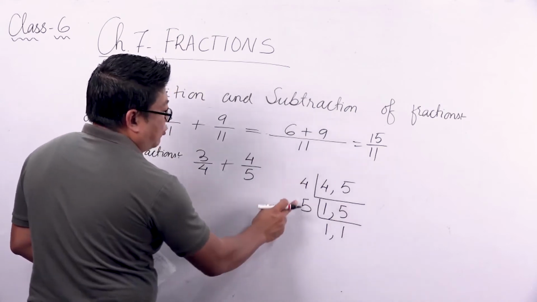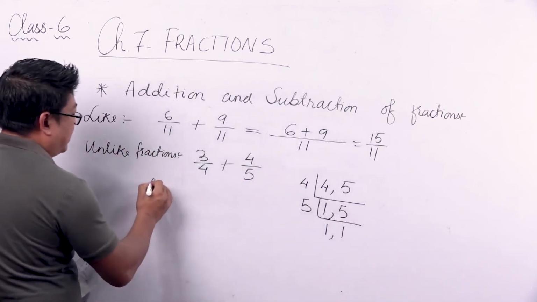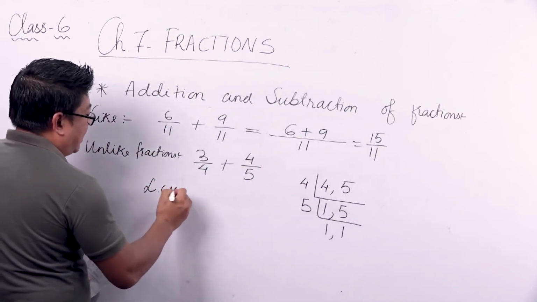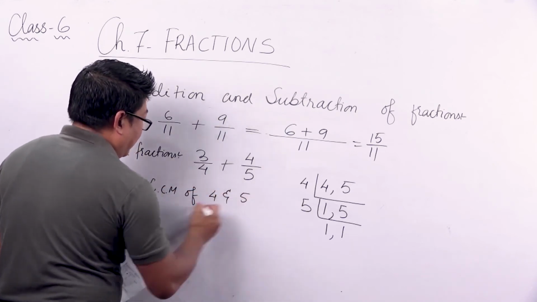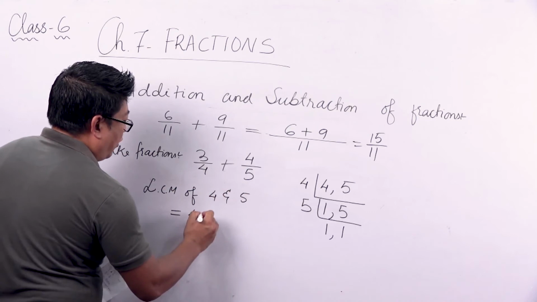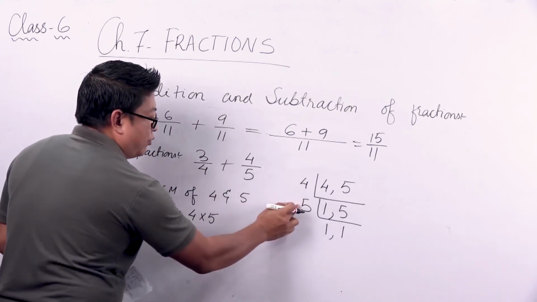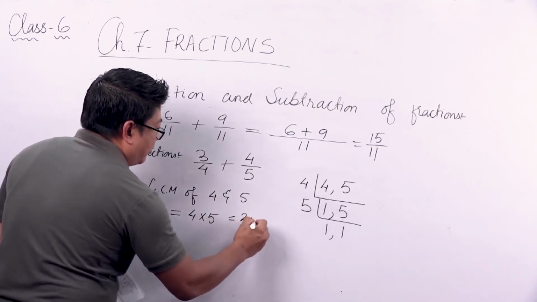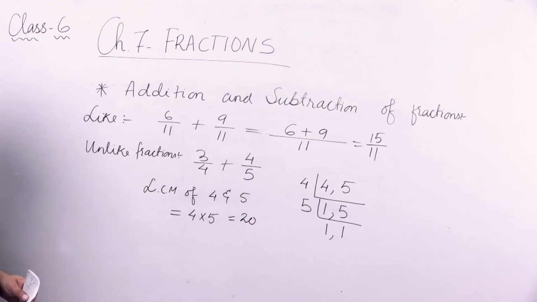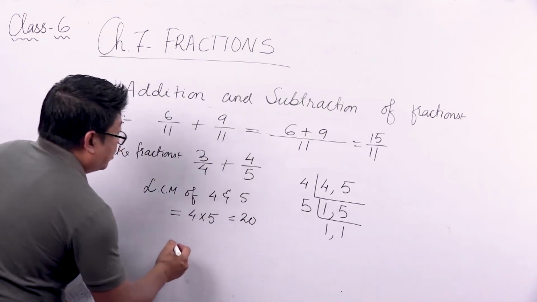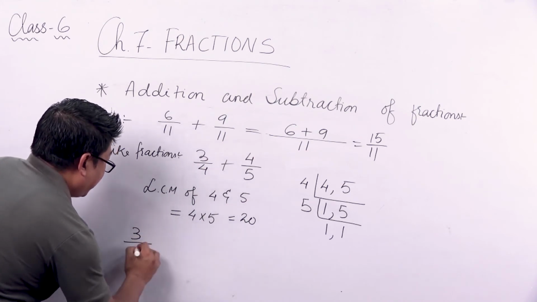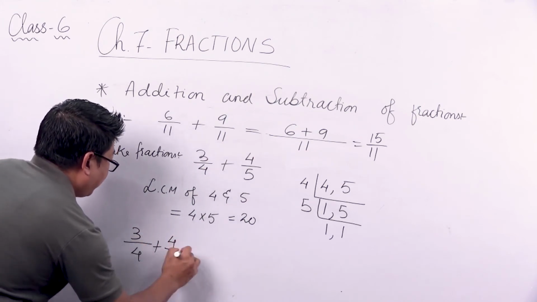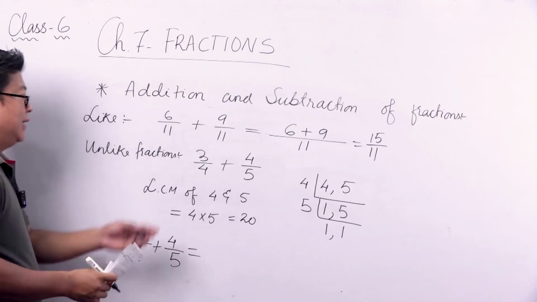So what are we left with? 4 and 5. That means LCM of 4 and 5 is equal to 4 into 5. 4 into 5, we're getting 20, right? So we're getting 20.